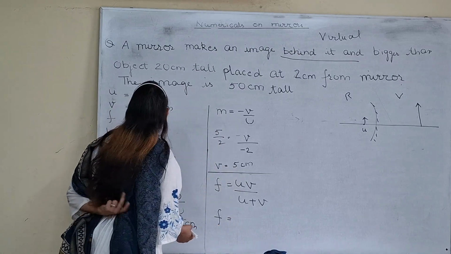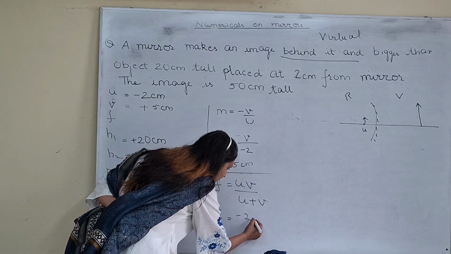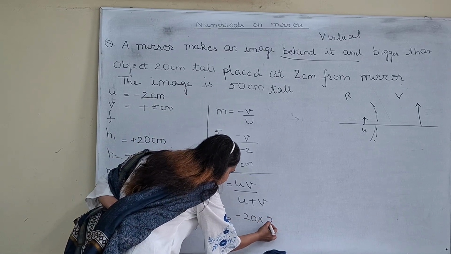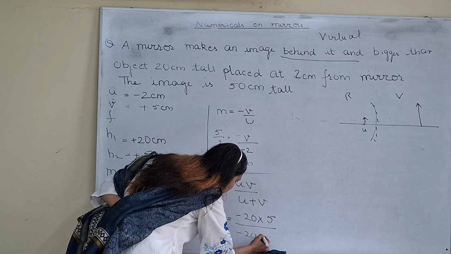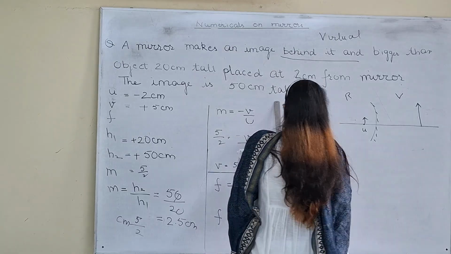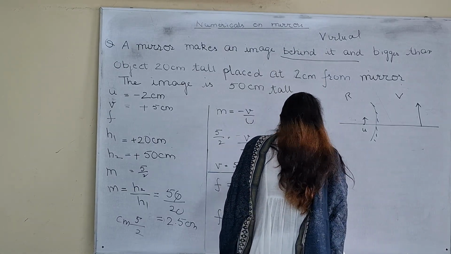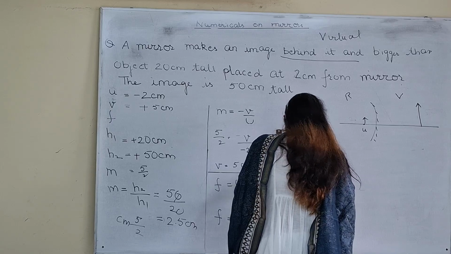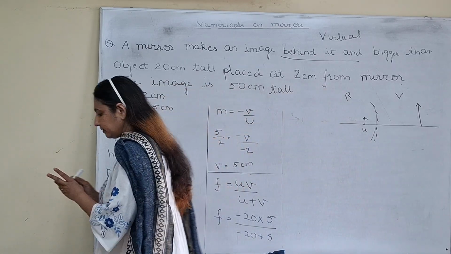Yes, we have u and v. Minus 20 and 5. So this calculation leads us to, my pen is about to die. It is not giving me ink.